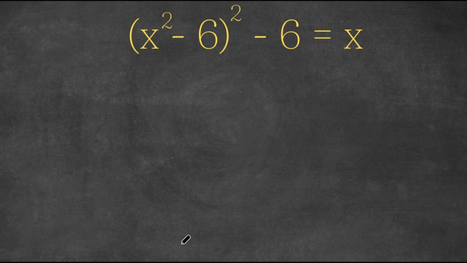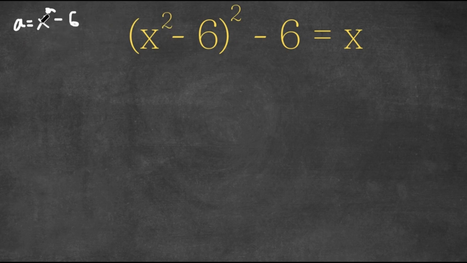In today's video, I'm going to be teaching you how to solve this exponential equation. So we have (x² − 6)² − 6 is equal to x. What I'm first going to do is set a equal to x² − 6.